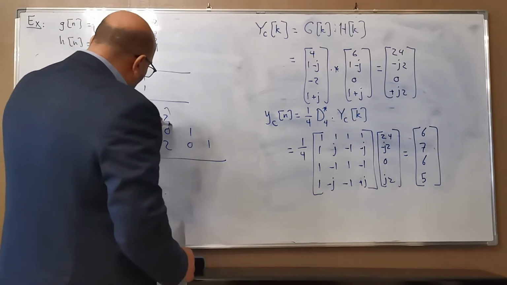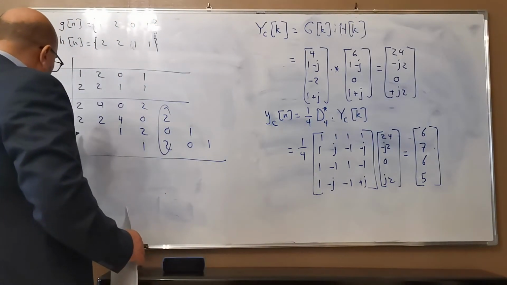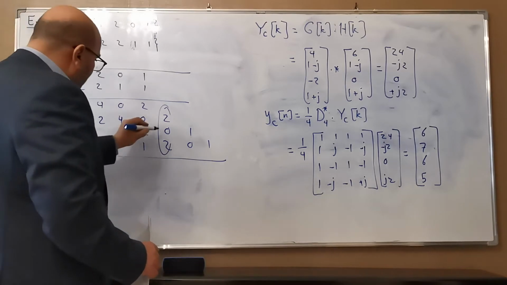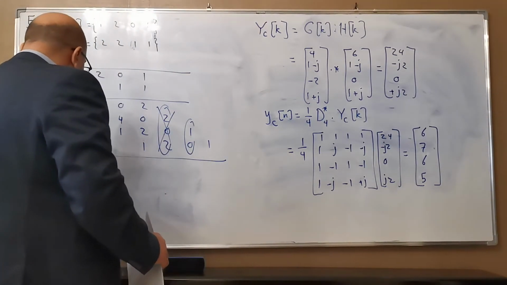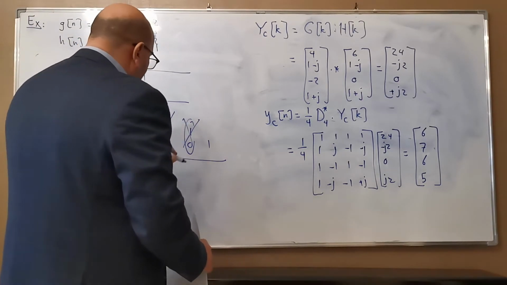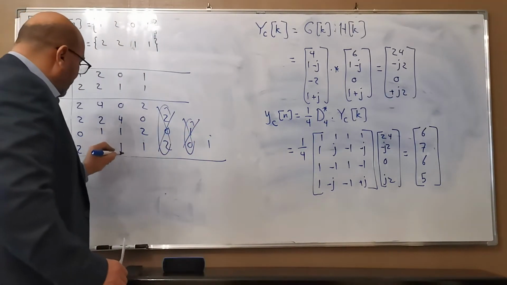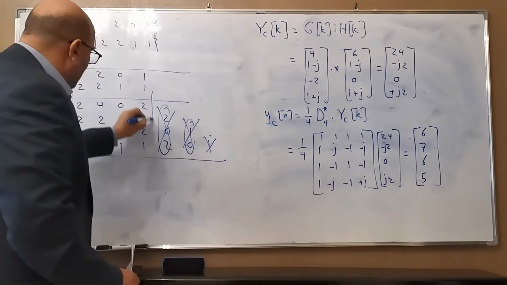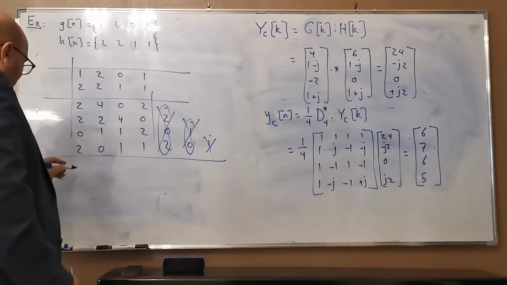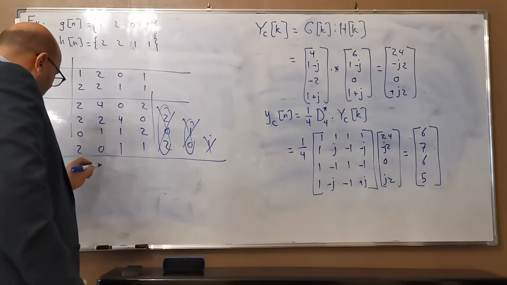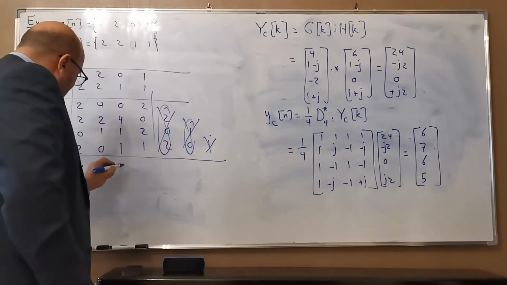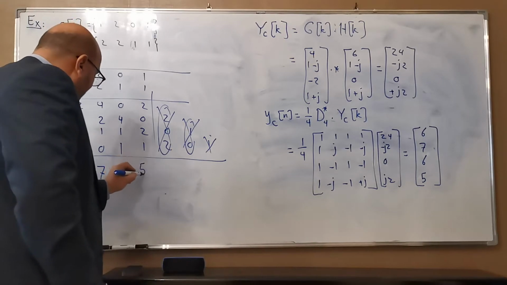Before we add, we took those 2, 0, and 2 and cancelled those, and we take 1 and 0 and cancel this, and we take this 1 to be here. We add those: 2 plus 2 plus 2 is 6, 4 plus 2 plus 1 is 7, 6, and the last one is 5.